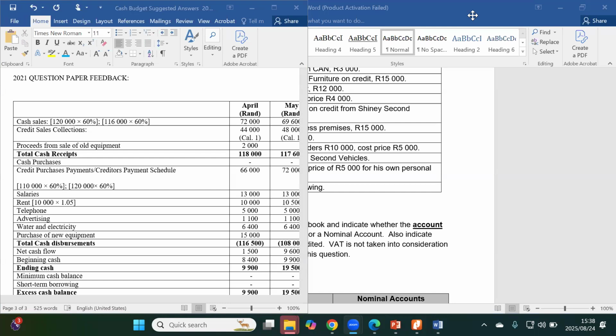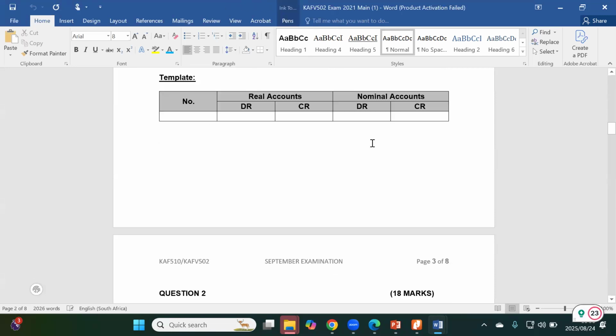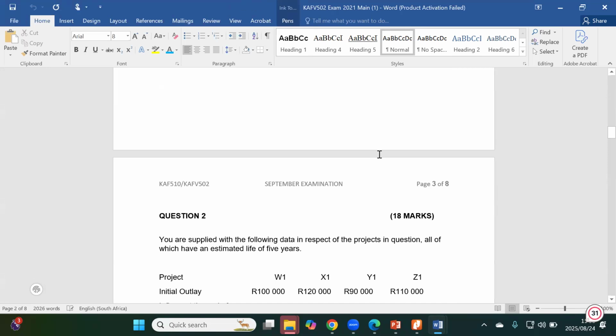Now we would like to get busy with the 2021 question paper. Let me evaluate it quickly so that I can see which question was dealing with the cash budget. Let me see question one first.